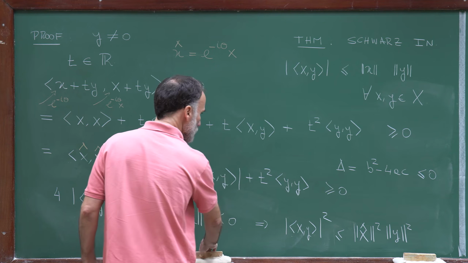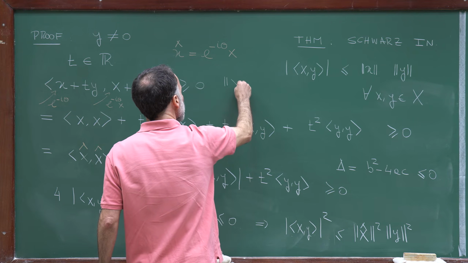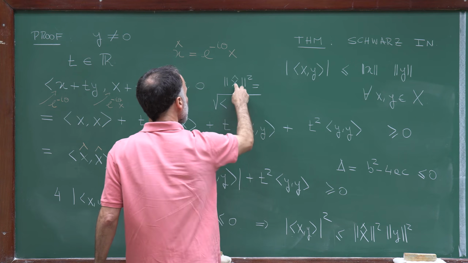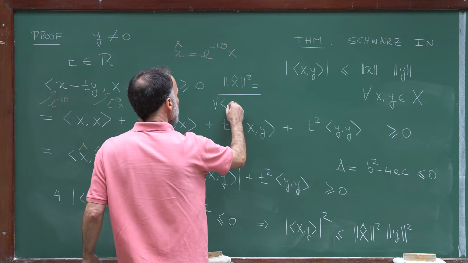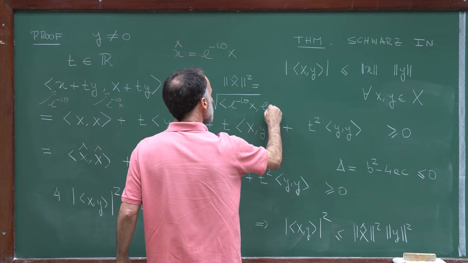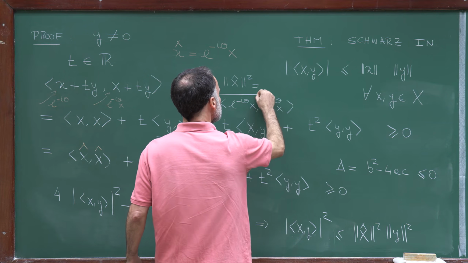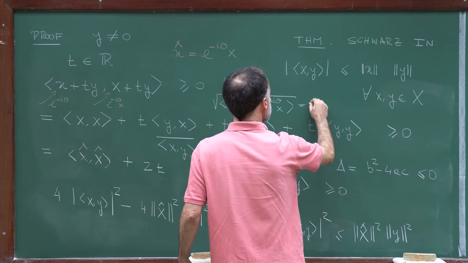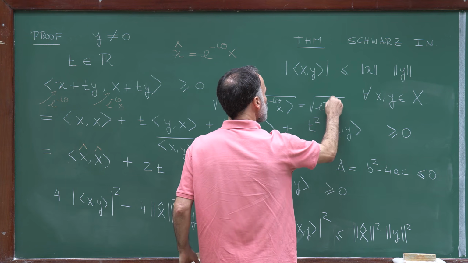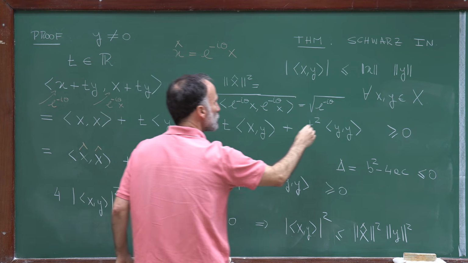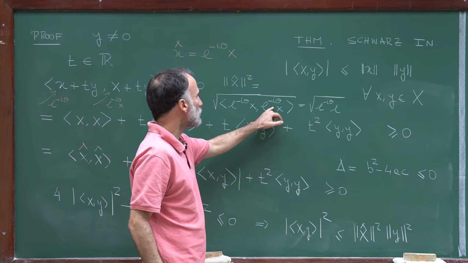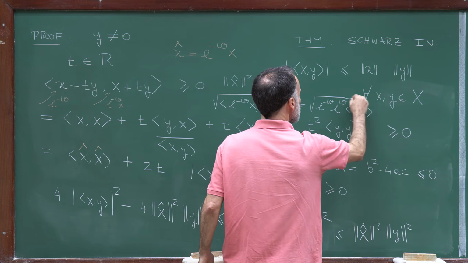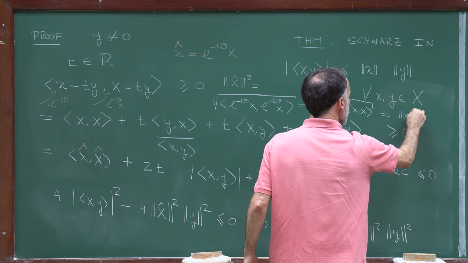And finally, let's observe that the norm of x hat squared, which is the scalar product of x hat with x hat, where x hat is exponential minus i theta x, is equal by sesquilinearity to exponential minus i theta times its complex conjugate, exponential i theta, times the scalar product of x with x, and you see that this is equal to the norm of x squared.